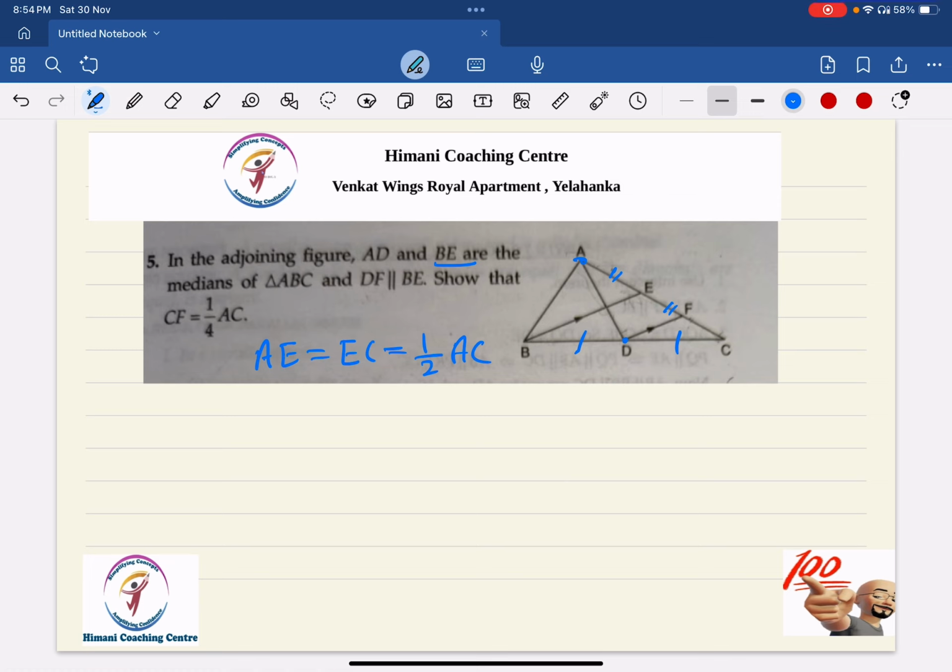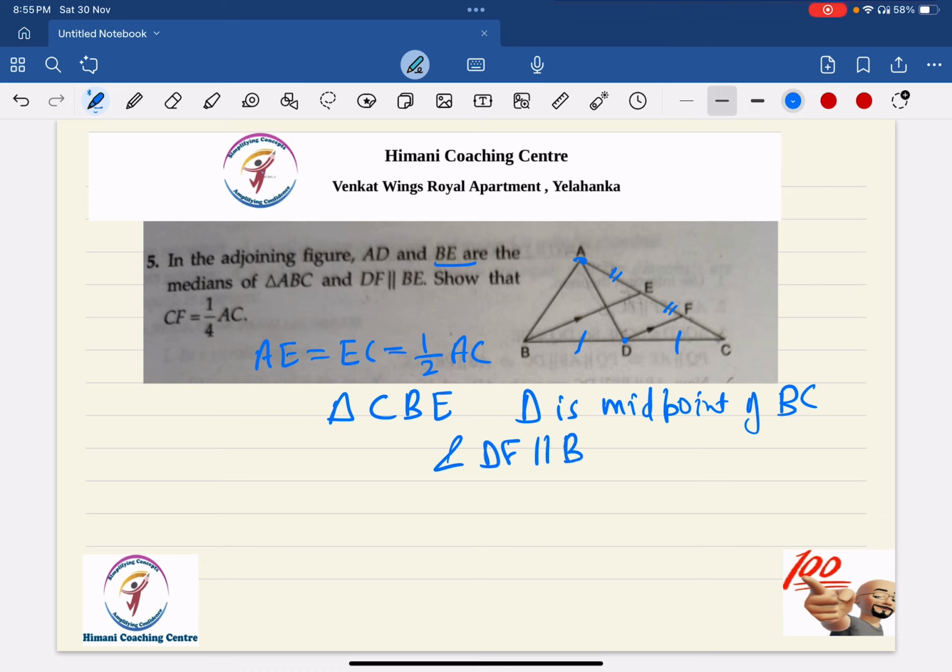Let us focus on this question where we have to prove CF is 1 by 4 of AC. Now look at triangle CBE. D is the midpoint of BC and DF is parallel to BE, that is given to us.